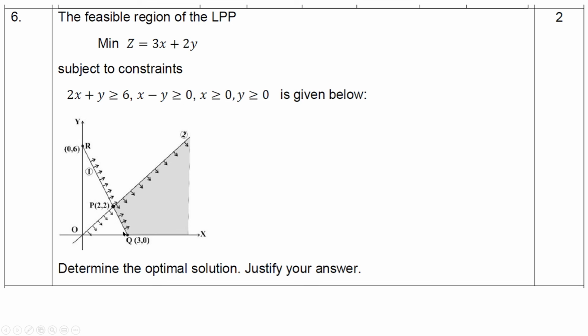So this is the line corresponding to 2x plus y equal to 6 and this is the line x minus y equal to 0 and the feasible region they have given. Now here we can see that the feasible region is unbounded and the objective function is to minimize z. So we have to find the half plane corresponding to 3x plus 2y less than the minimum value.